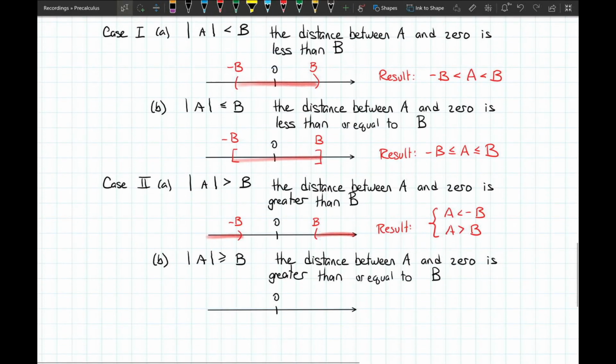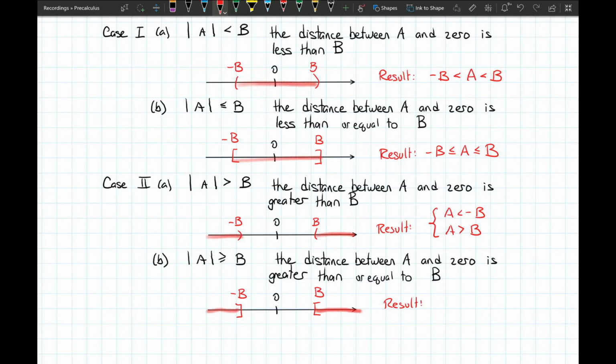And very similar, if the distance between A and 0 is greater than or equal to B, we're just going to change this to square brackets, but essentially the same picture. The two intervals are not attached.